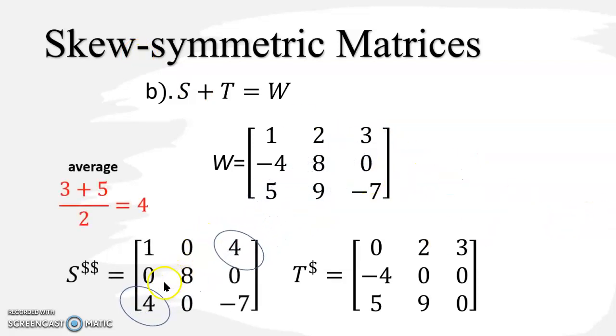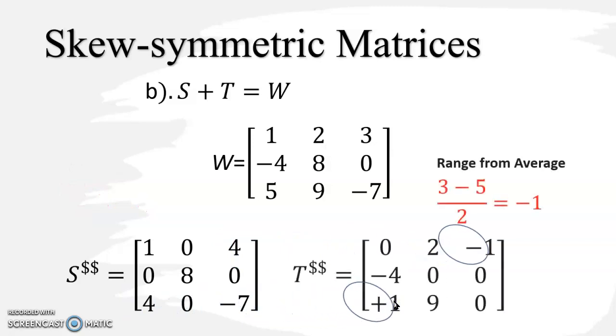So that means I've got to have positive 4's in the S matrix, and the T needs to have, I had to look at it for a bit. The positive one is in the lower left, and the negative one's on the lower right, even though the range itself was -1.